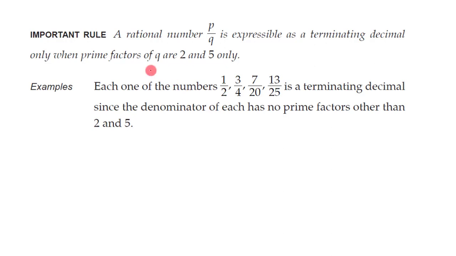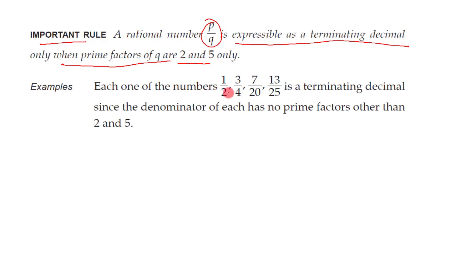A rational number p by q is expressed as a terminating decimal only when the prime factors of the denominator q are 2 and 5, only 2 and 5. That means other than 2 and 5, it should not have any other factors.